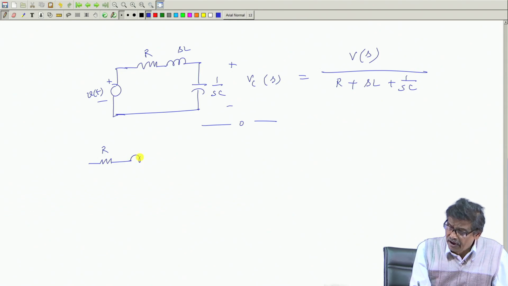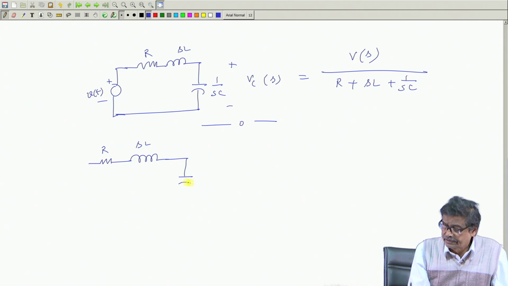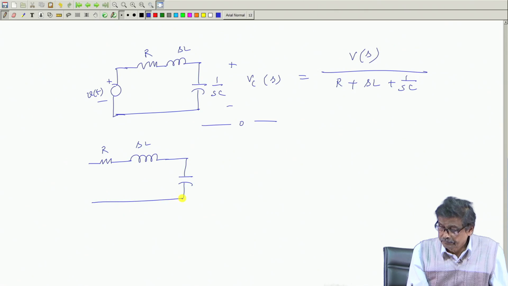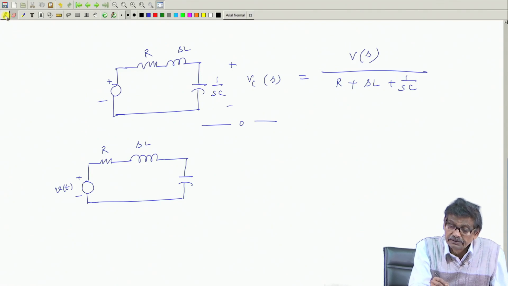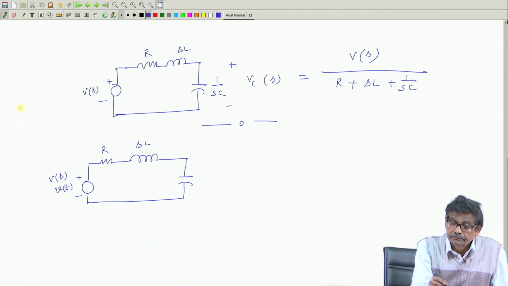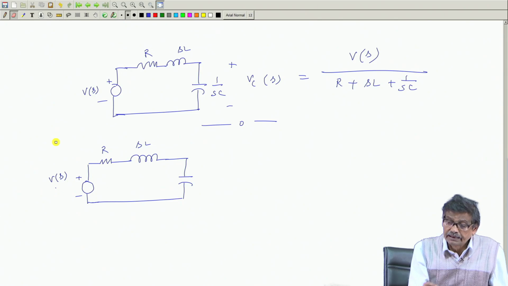Okay, let me draw it: RL, SL, in S domain 1 by SC, with some voltage Vt, which in S domain is Vs, and this is Is.